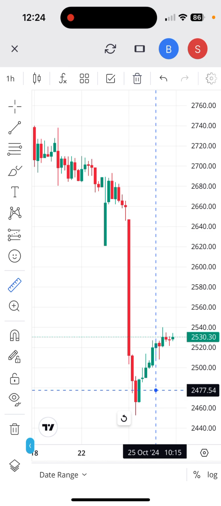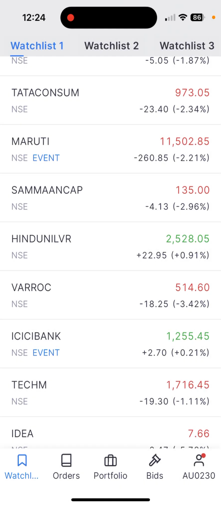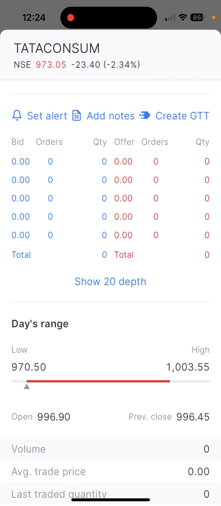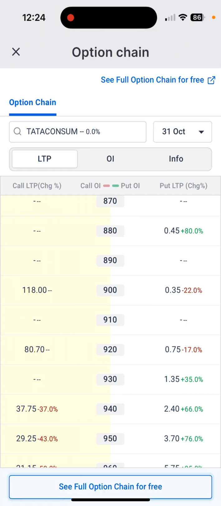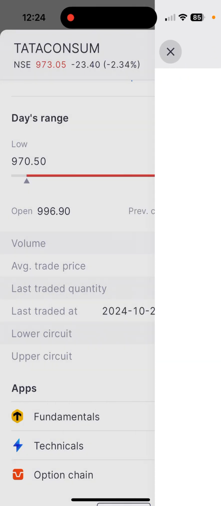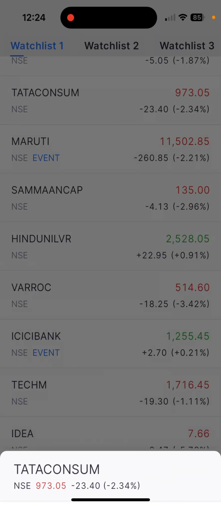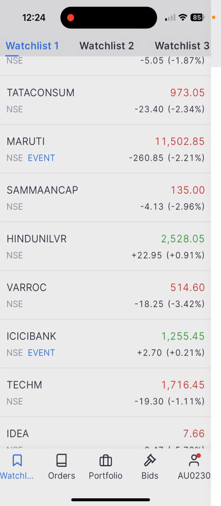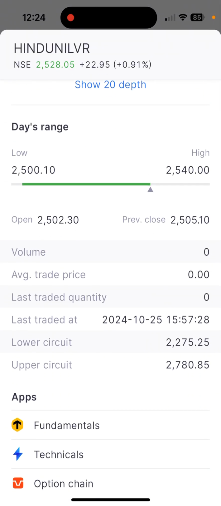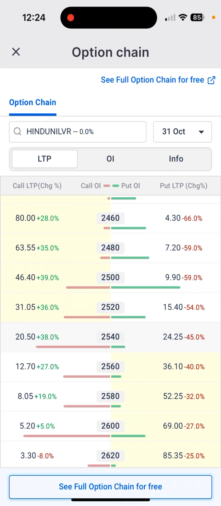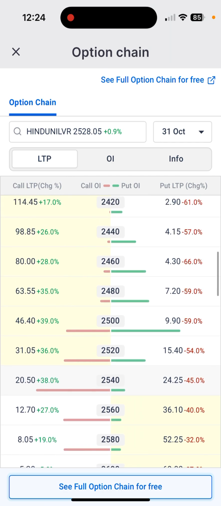So 2,460 would be the preferred one. Let us check the option chain for Hindustan Unilever. 2,460.